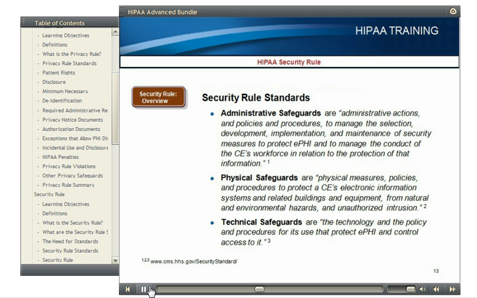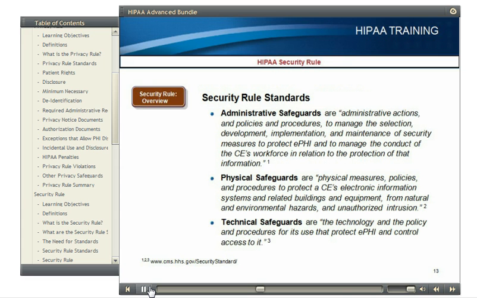Security Rule Standards. Administrative safeguards are administrative actions and policies and procedures to manage the selection, development, implementation, and maintenance of security measures to protect EPHI and to manage the conduct of the CE's workforce in relation to the protection of that information.